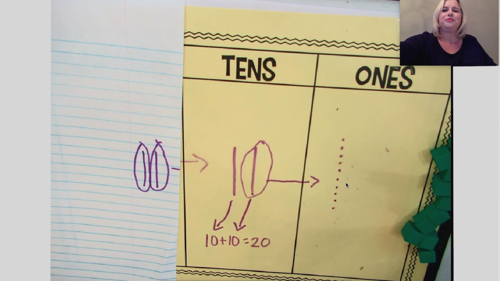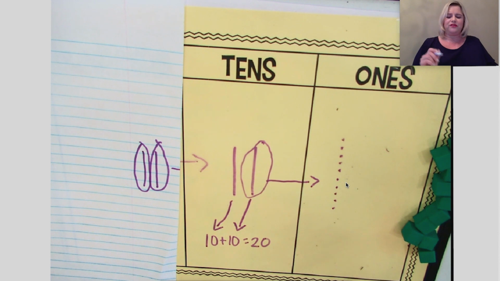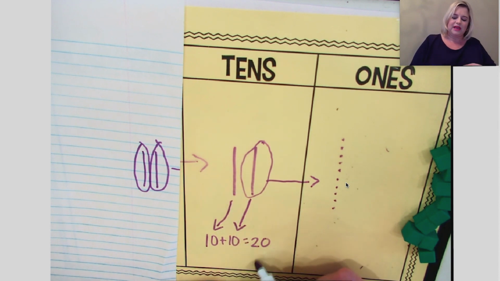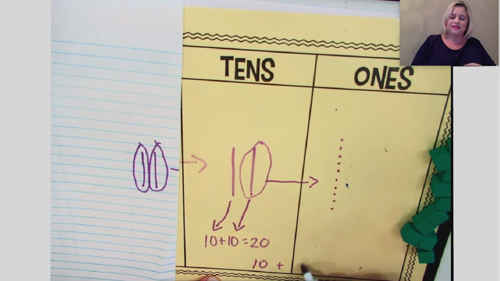Now, what's an equation we could write for this model that we have here? Anna said that we could write the equation 10 plus 10 because we have 1 ten rod still in the tens, correct? And we have 10 ones in the ones place.